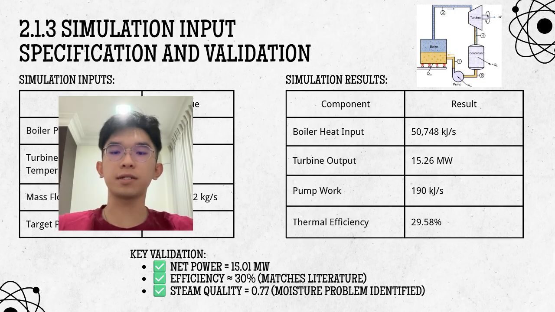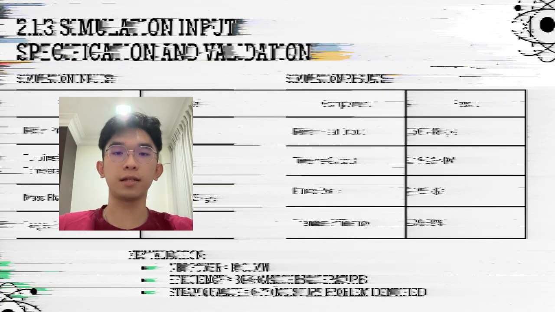The thermal efficiency is also close to 30%, which agrees with values commonly reported for a simple Rankine cycle. However, the turbine exhaust steam quality was only 0.77, indicating excessive moisture that could lead to turbine blade erosion. This issue motivated the cycle improvements presented later.